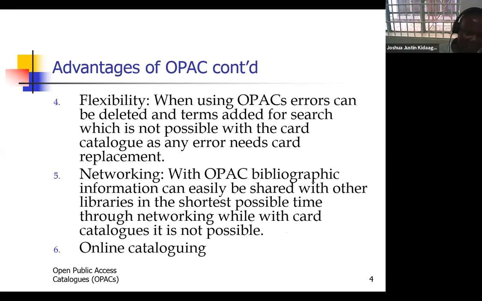So we shall see how, other than cataloging originally, what we are doing currently, we shall also be able to catalog using a computer. And of course, if you are using a computer, it is faster, it is accurate, and then all advantages of using computing systems will be derived when we adopt an OPAC.